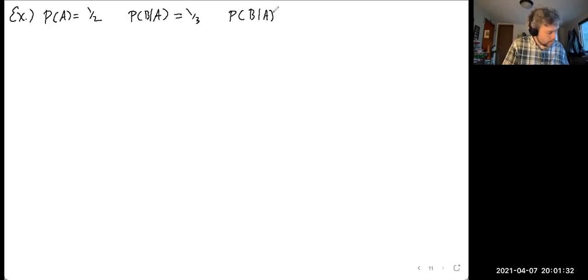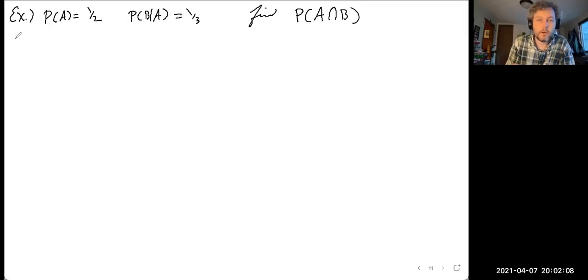We have A is 1/2, B given A is 1/3. Find the probability of A intersect B. Okay, sorry about that. So if we're given B given A, and A, what is the probability of A and B?